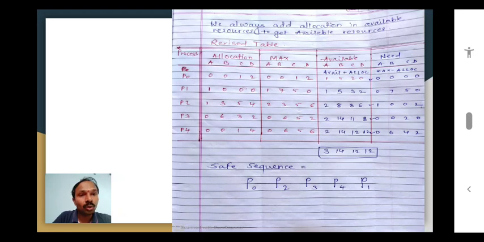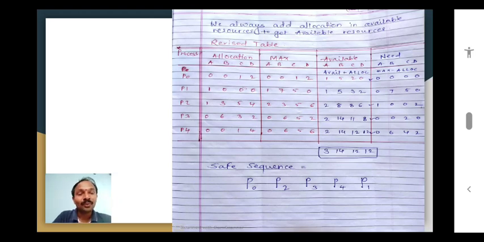And yes, this is the answer, right? So the final answer for available resources for A, B, C, D will be 3, 14, 12 and 12, and the safe sequence will be P0, P2, P3, P4 and P1.